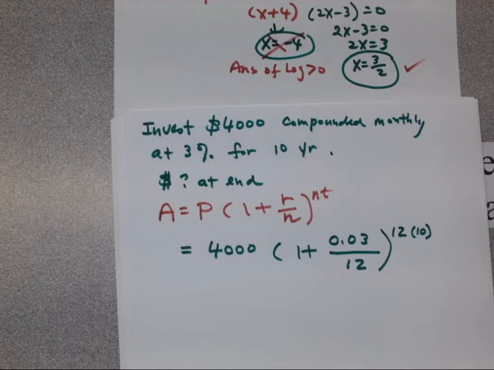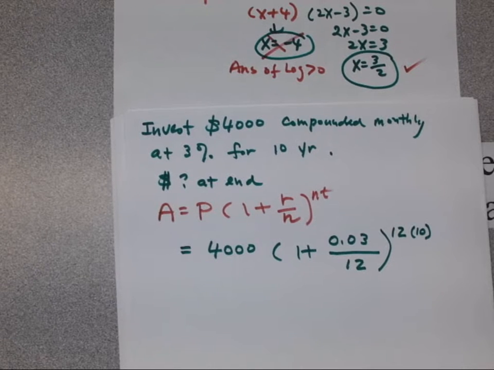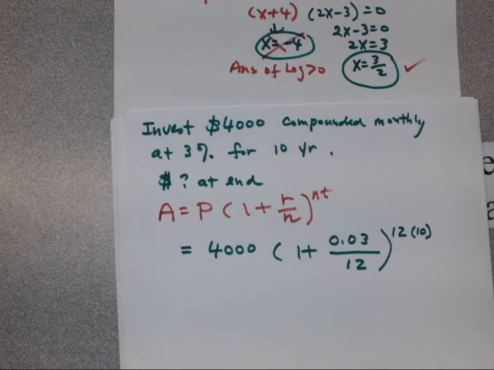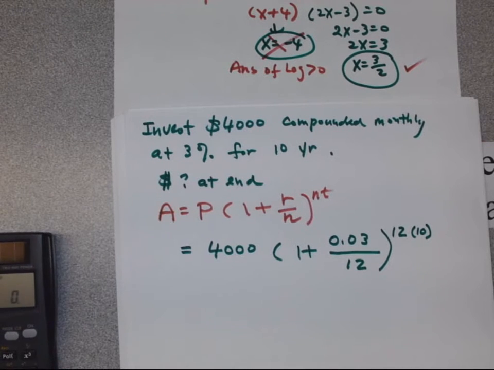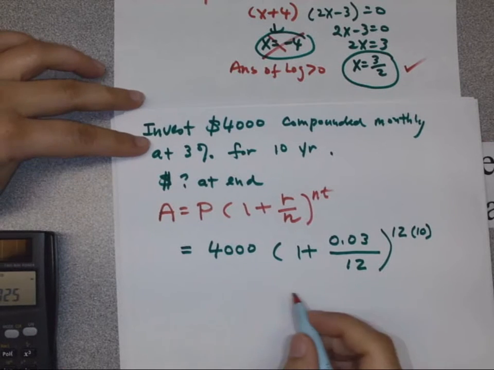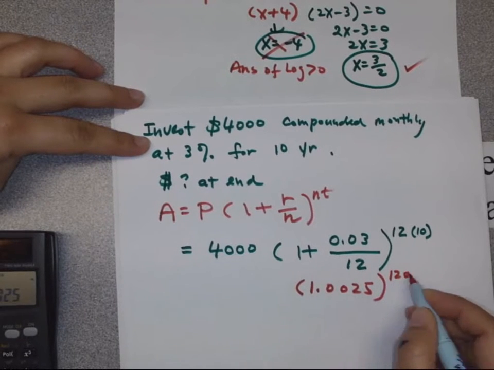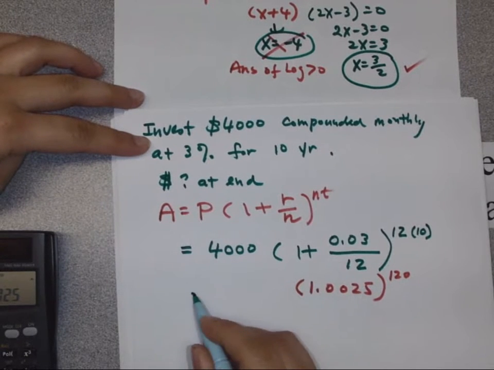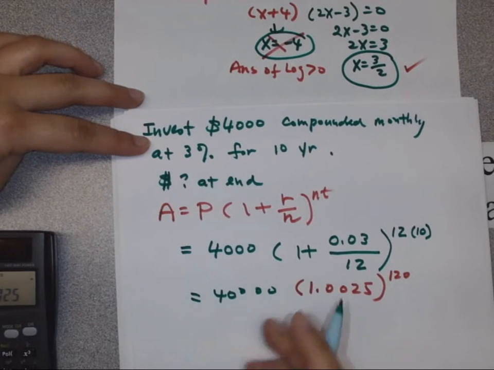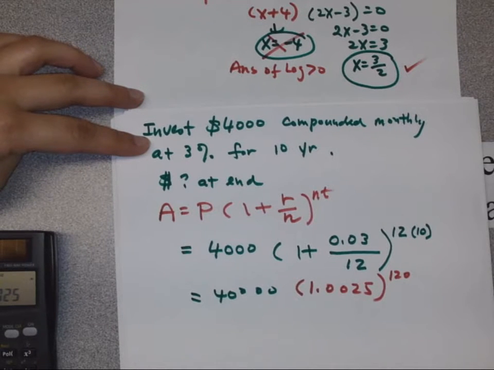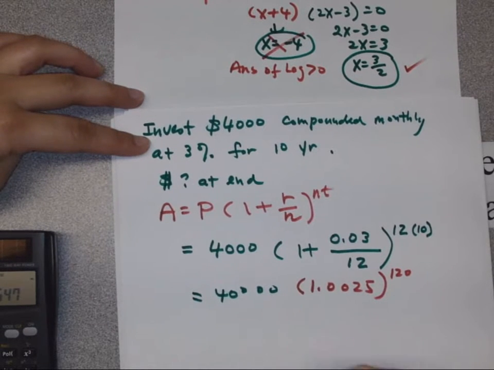Okay, so you're going to need to keep those numbers in your calculator. Don't round until the very last step. Some of you round in the middle. That would not be good. So 0.03 divided by 12 plus 1, so inside is 1.0025 raised to the 120th power, right?